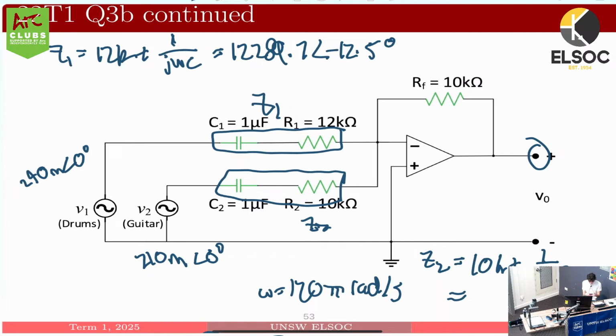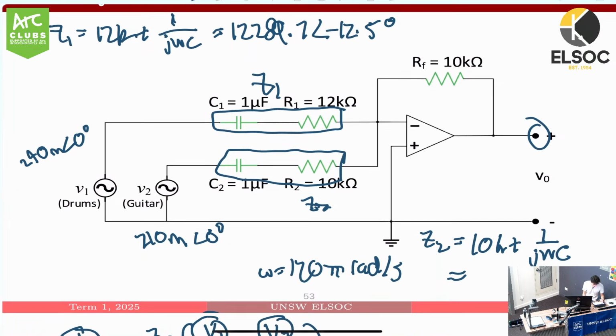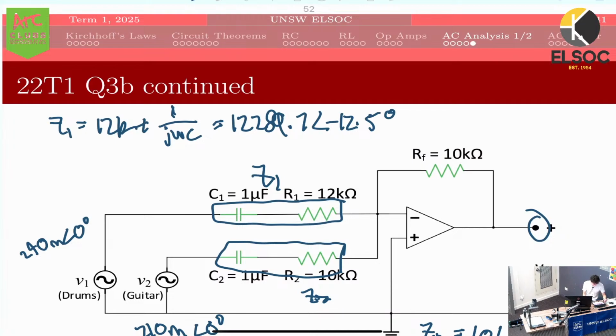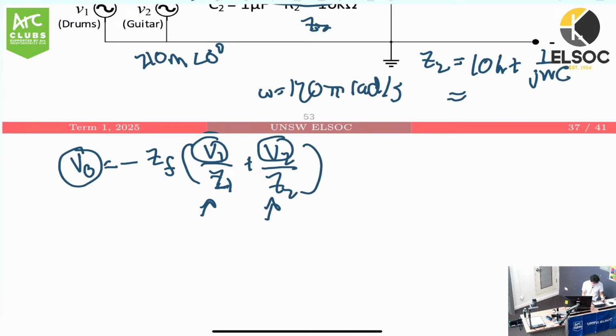I can just modify the previous one and make that 10k ohms instead of 12k. And so our answer falls out. We get Z2 is equal to 10,345.8 angle minus 14.9 degrees.